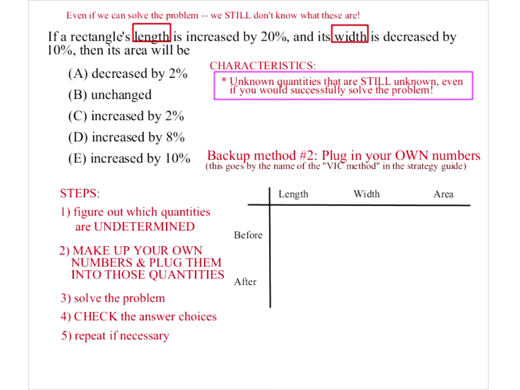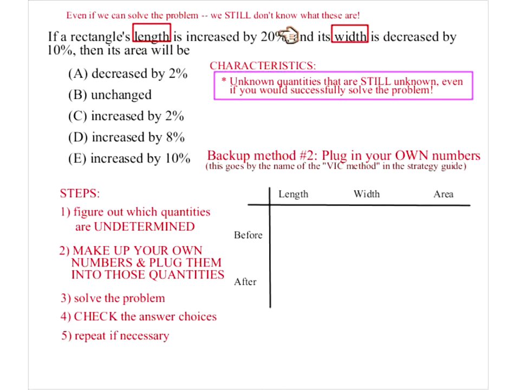So you could use variables for this. There is a textbook method, but notice that you can just pick your own numbers. So what is probably the easiest number to change by increments of 10%? 10% and 20%. Yeah, 10 is great.